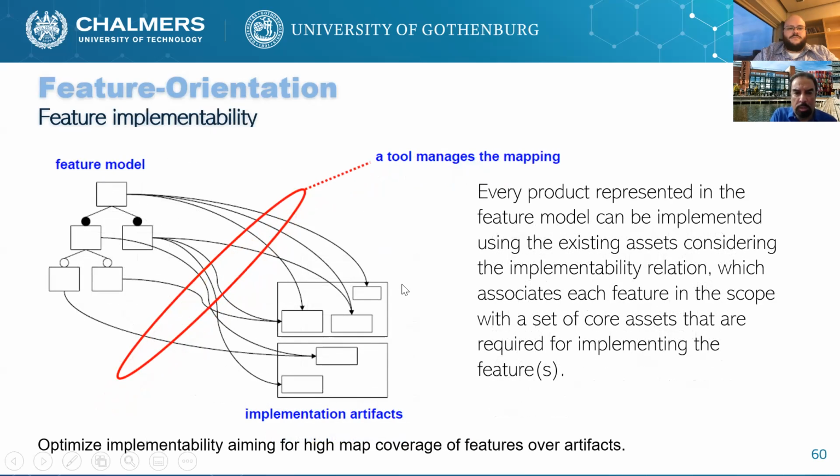We mentioned design for implementability, and it's very close to the concept of traceability, because here you just want to make sure you have enough resources, enough assets, to implement a new feature, a product line, or a specific product, by tracing your feature model against what you have and how much you need to do in terms of modification, variability, or redesigning of new features.